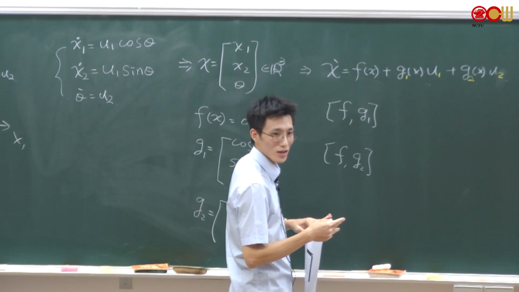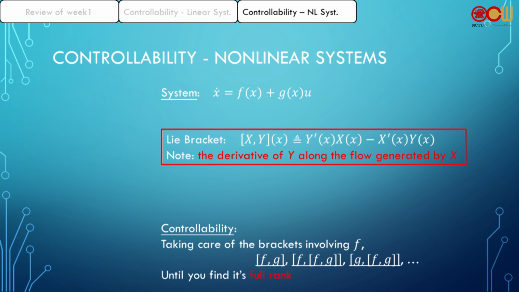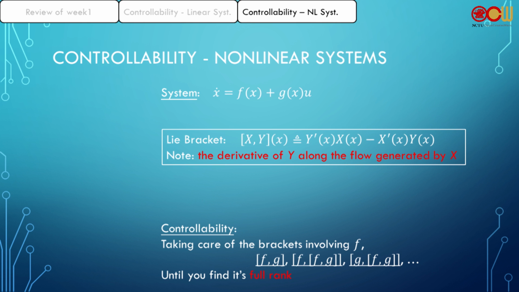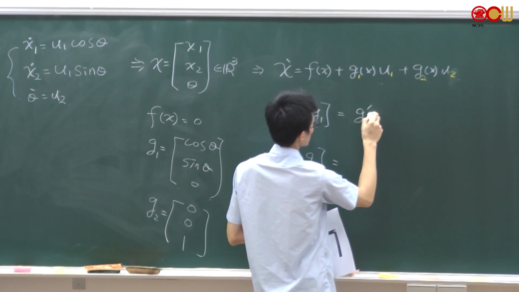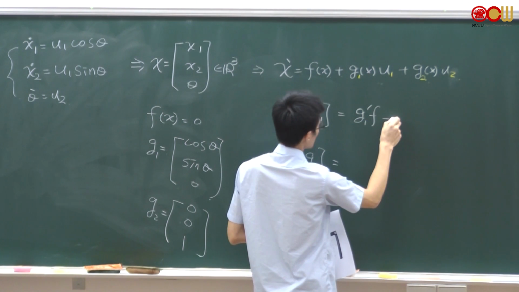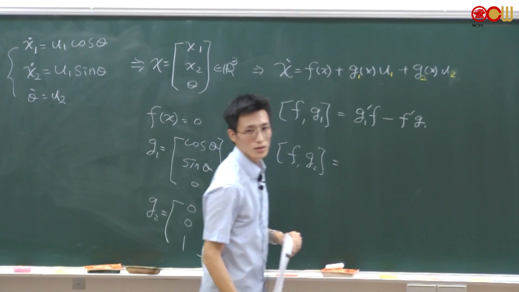So according to the definition of this Lie bracket, capital X will be F and Y will be G1. The right-hand side of the definition is partial of G1 times F minus partial of F times G1.